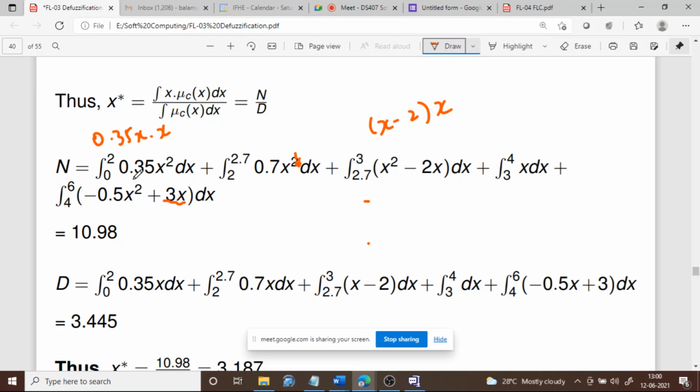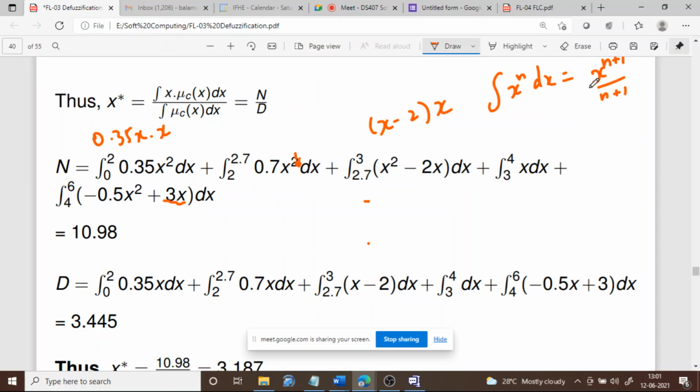So if you simplify this, what is the integration of x to the power n dx? It is x to the power n plus 1 divided by n plus 1. This is the formula.